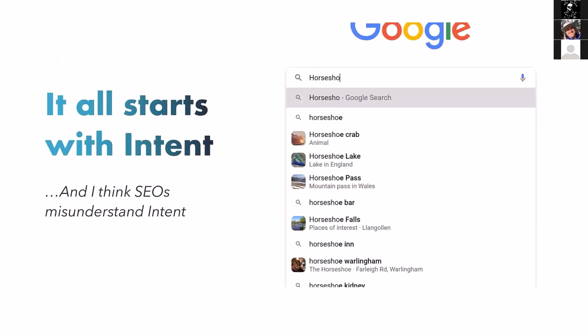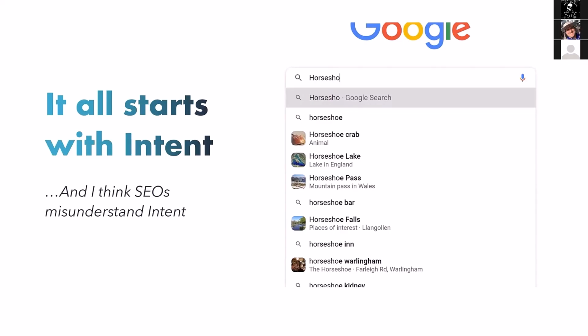Let's go back to them in a second. Sorry, I'm just going to get back to my notes here. Google is blending here in this search suggest, entity ideas, Horseshoe Lake, Horseshoe Pass, with search ideas, horseshoe bar and horseshoe inns. There's nothing yet in here to suggest that it's navigational or transactional, but it is starting to already show entities that Google clearly understands.